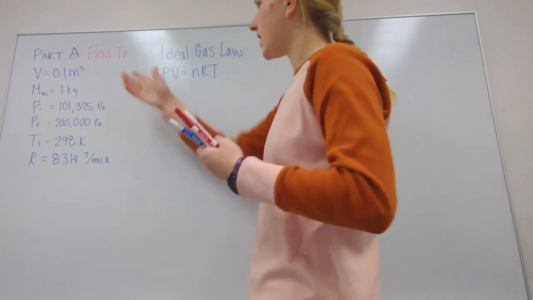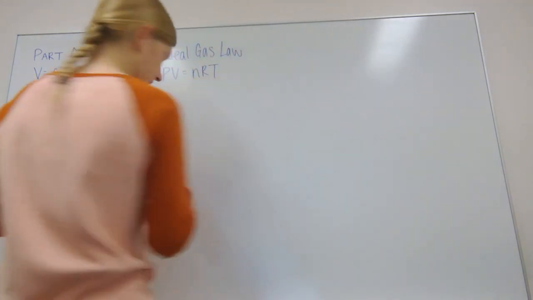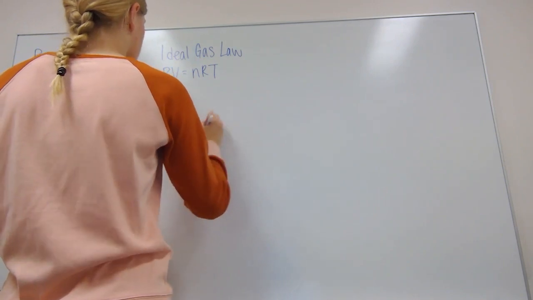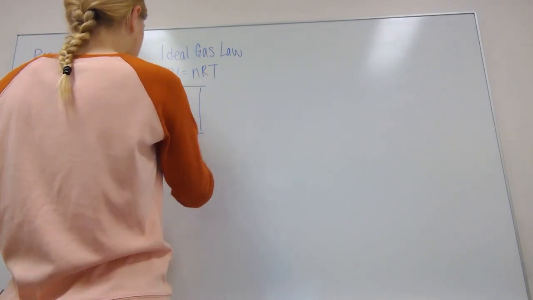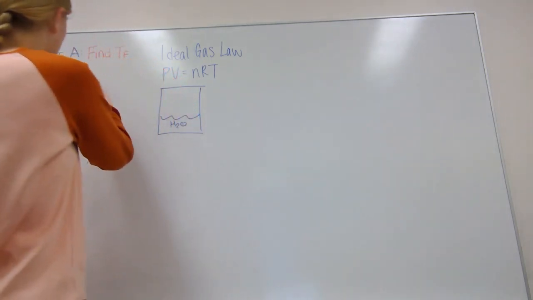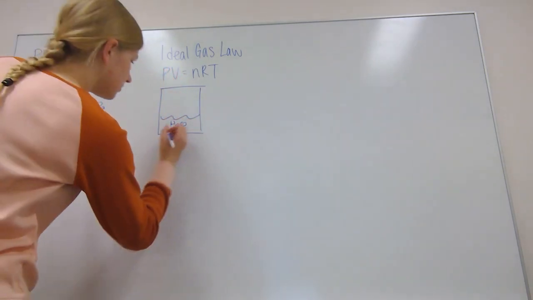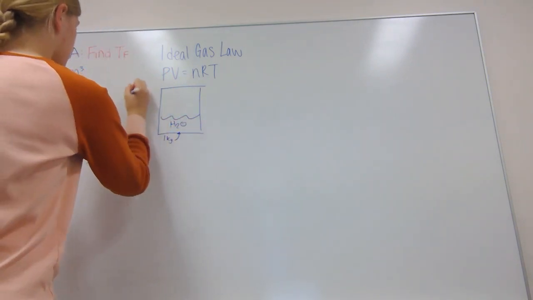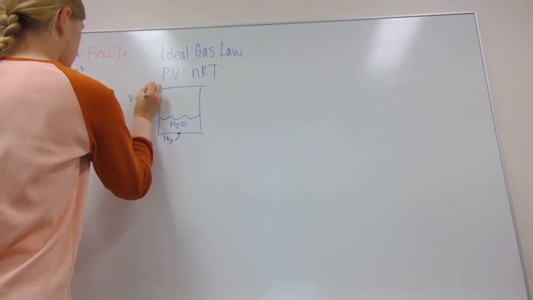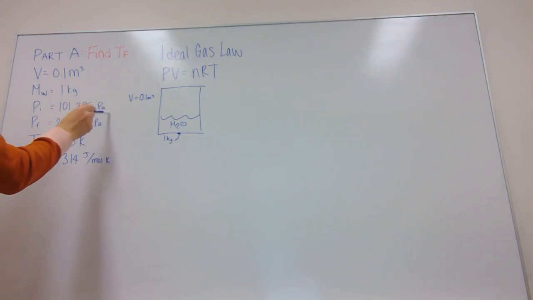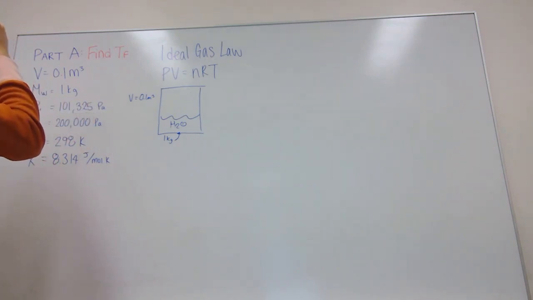So essentially we have this container, it's a closed container, and we basically just have some amount of water. We have 1 kilogram of water in here. The volume is cubed, and we are starting at atmospheric pressure in pascals, which is 101,325.